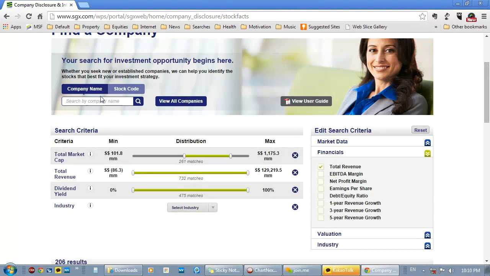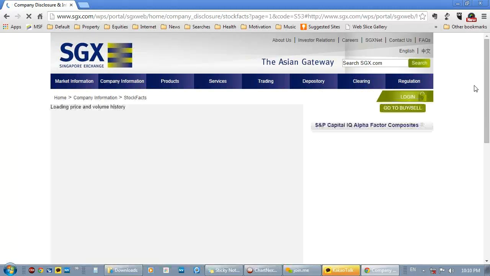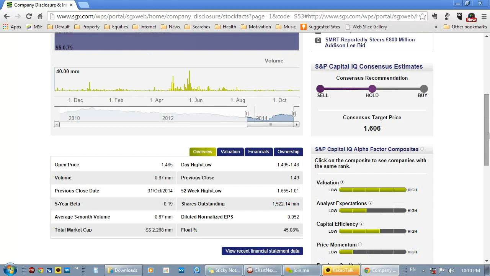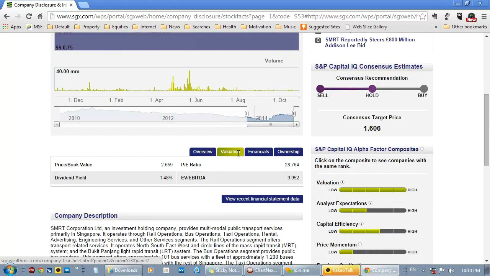Okay, another thing you can do is, let's say for example SMRT, you can actually search and go to here, you can look at the valuation of the stock. Okay, the current PE ratio for SMRT is 28, price to book is 2.6. Okay, dividend yield is 1%.